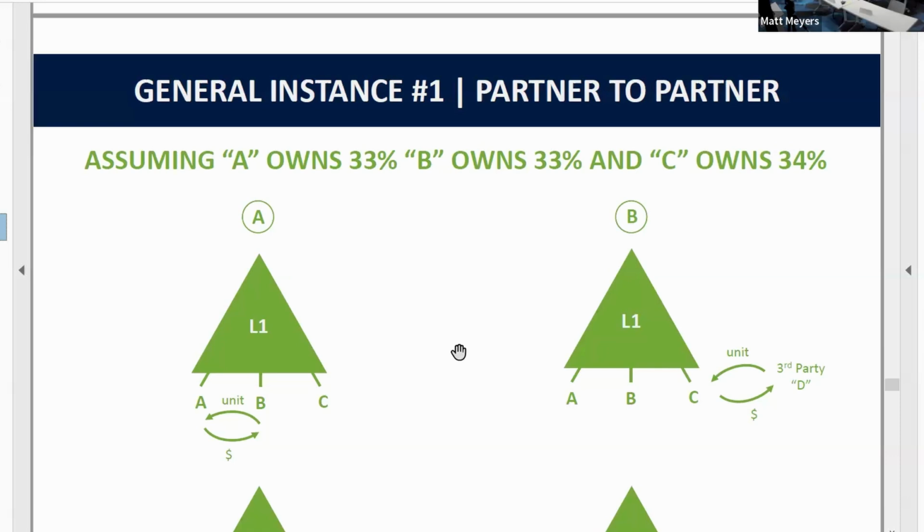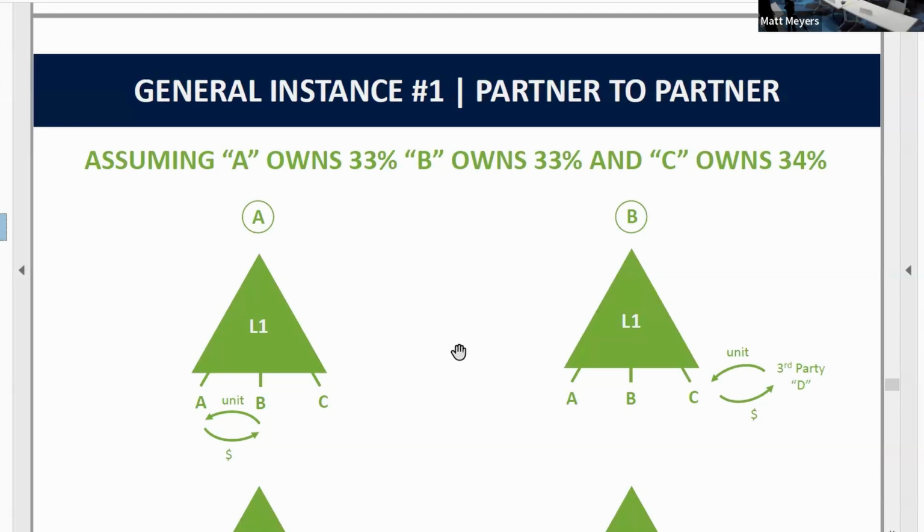Okay, so this slide is showing that assume A, B, and C own a third, a third, and a third of L1. L1 is a partnership. We have two different scenarios, and these two different scenarios are meant to demonstrate there's two possibilities to have a partner-to-partner transaction.